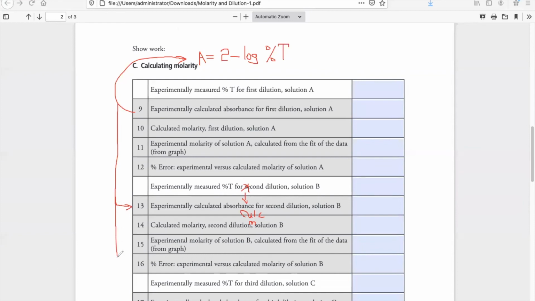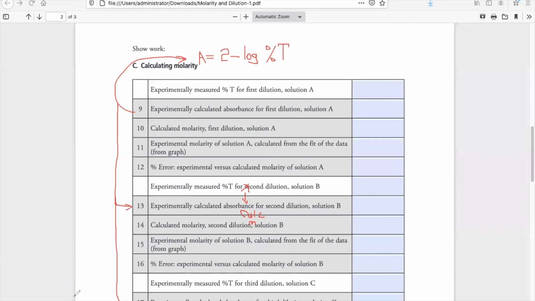You'll do the same thing for this right here. That's how you will calculate experimental absorbance for line 9, line 13. Once you know the percent transmittance, which you already have the values for, you plug in there.